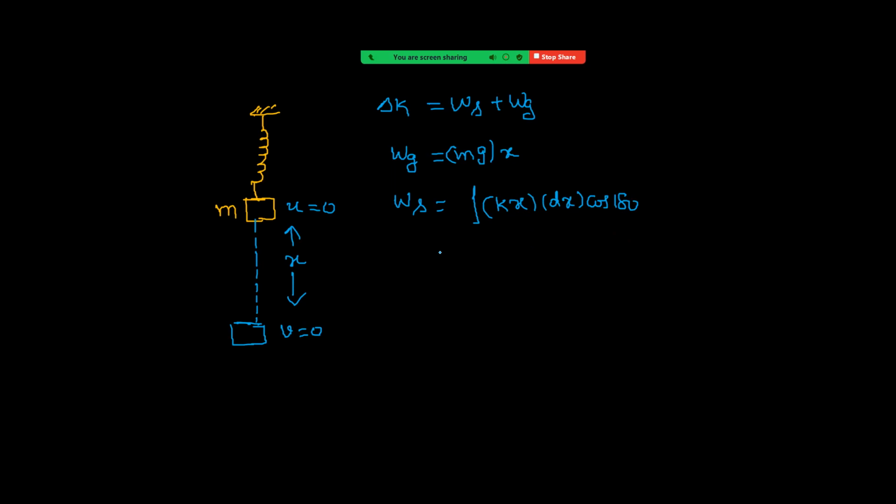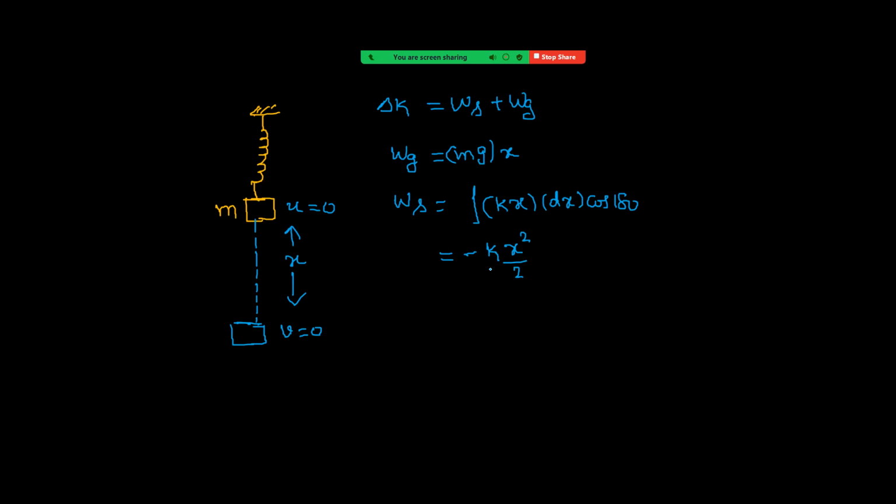Now this is equal to, cos 180 is minus 1, so minus outside, the constant k, spring constant, outside, integral of x dx, which is x square by 2. That means the work done by the spring is negative. The sum of these two is equal to 0.